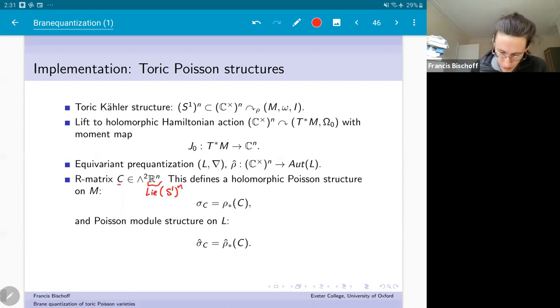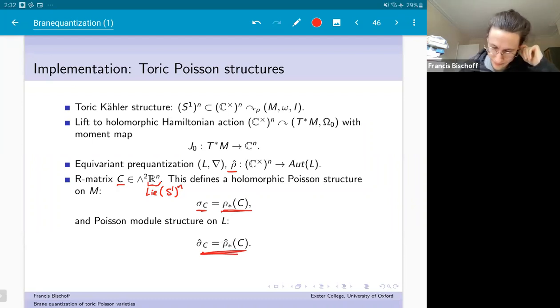Given this R matrix, we can use the torus action to push it forward to get a bivector on the manifold, and this will be a holomorphic Poisson structure. Then using this lift ρ-hat, we can push it forward also to get the structure of a Poisson module on L. Okay, so these are all the ingredients that we need now.